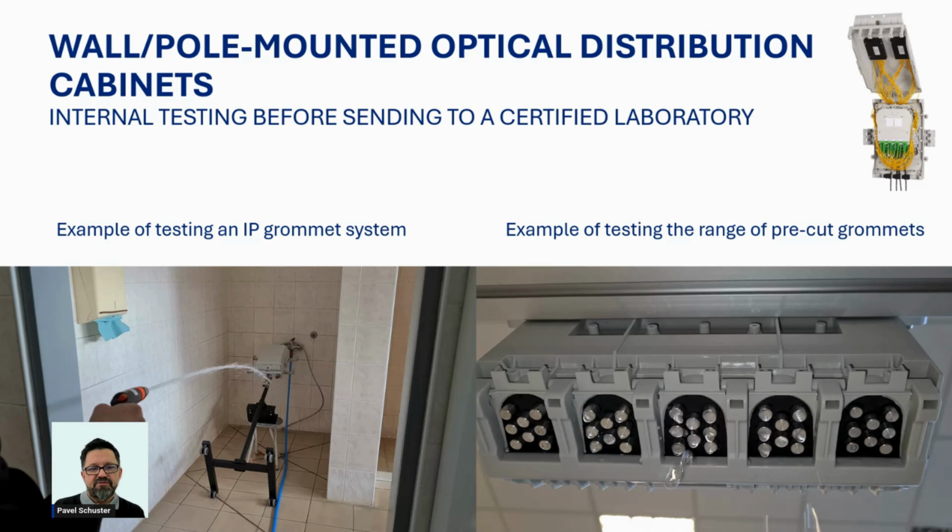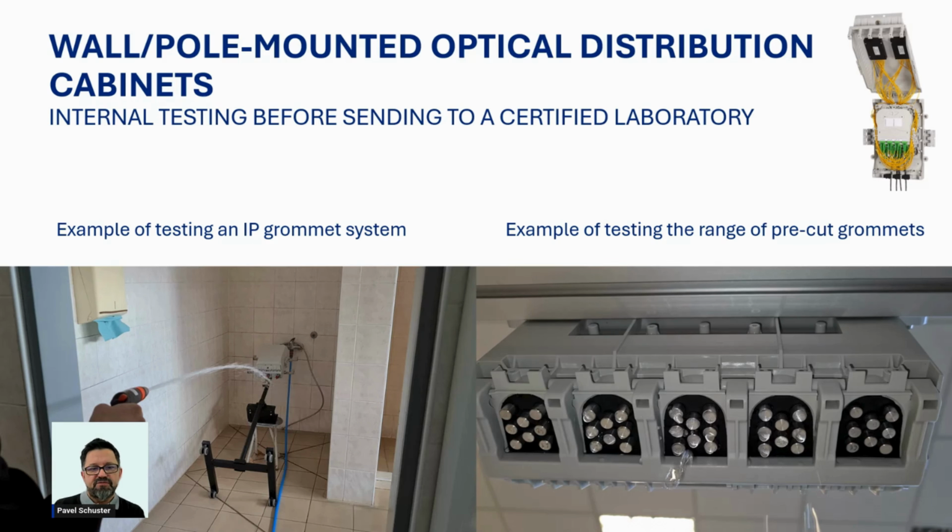And very interesting is that these metal rollers are different sizes, and the difference in diameter is only 0.2 millimeters. So you can see that every millimeter counts. And let's see the video then. You can see that in this case water was placed inside the cabinet or inside the box, and you can see that only the grommet on the right side is working.